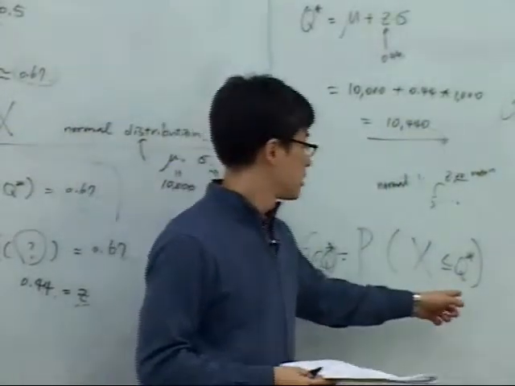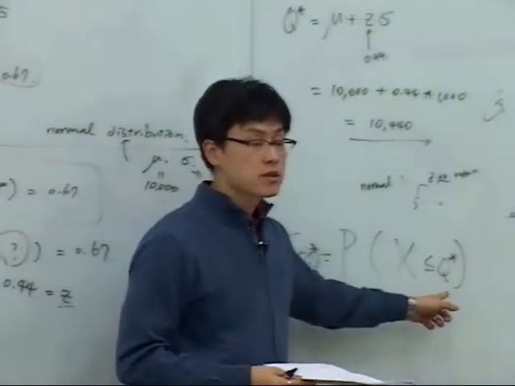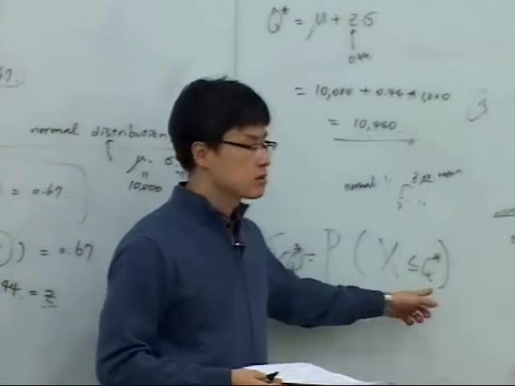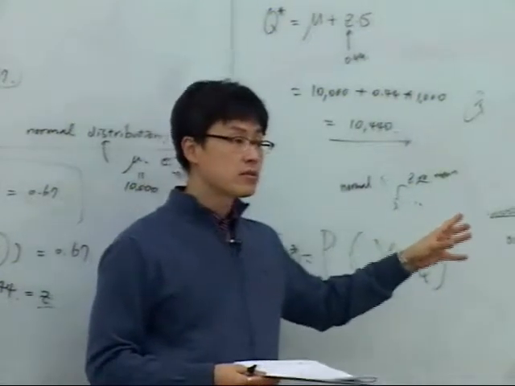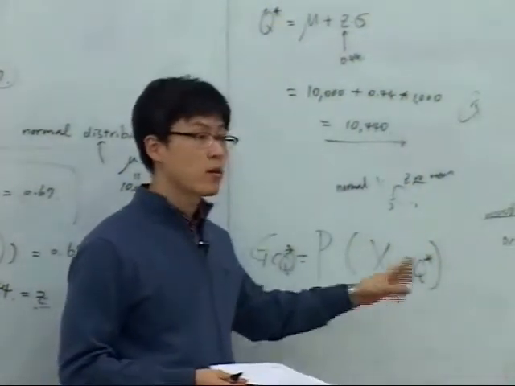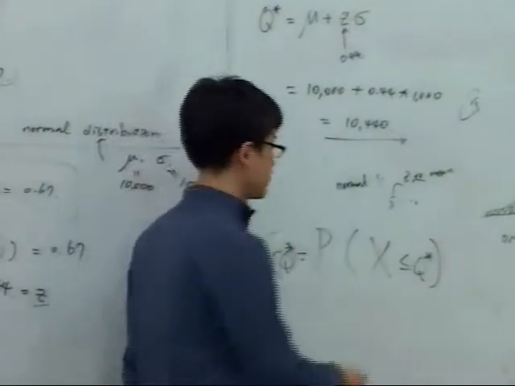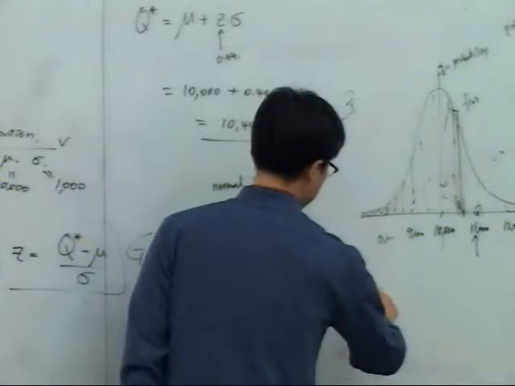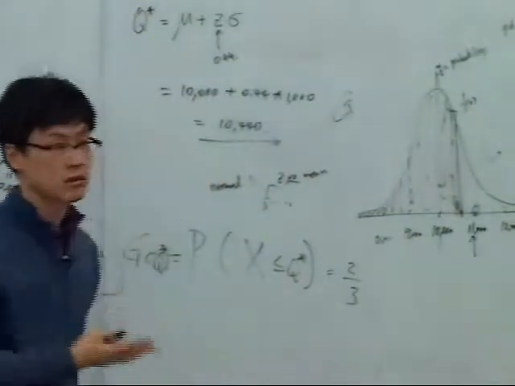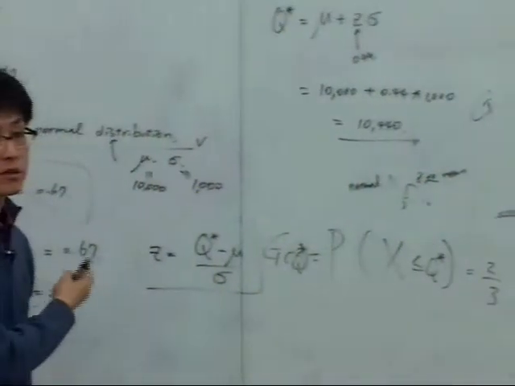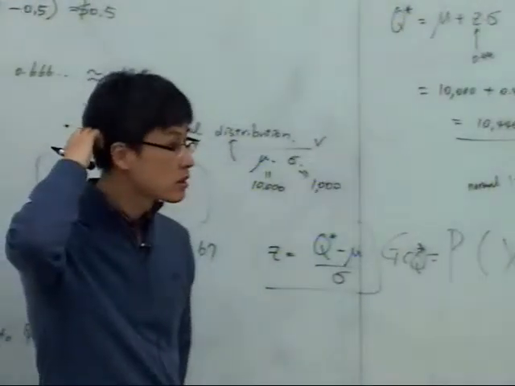So optimal inventory size is, the probability that demand is less than the optimal inventory size is 2/3. That's the basic information this model is giving to us.